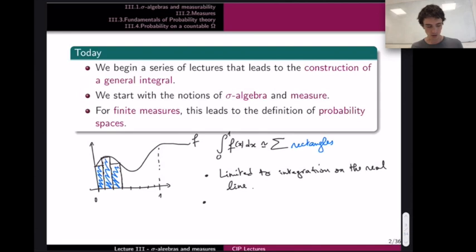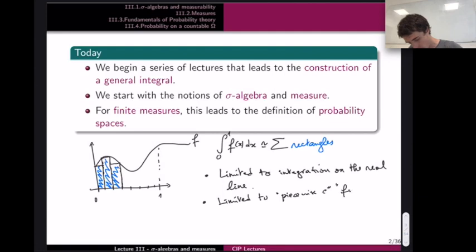There will be many cases where the function that we want to integrate is not continuous. So the Riemann integral is limited to piecewise continuous functions.